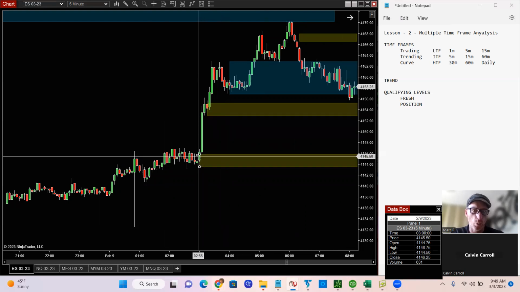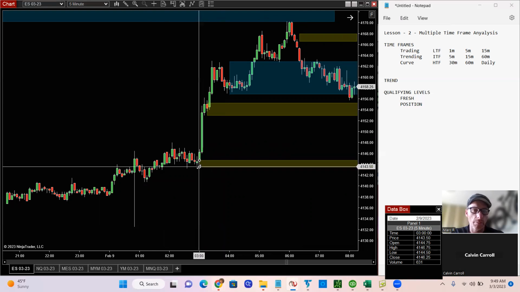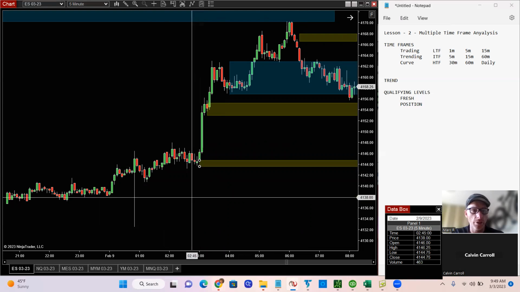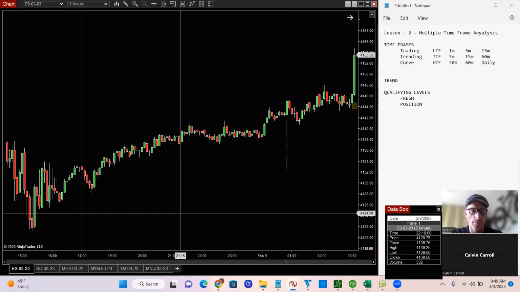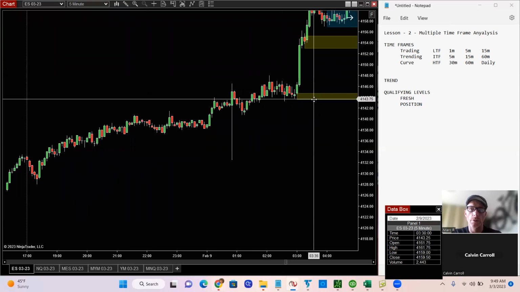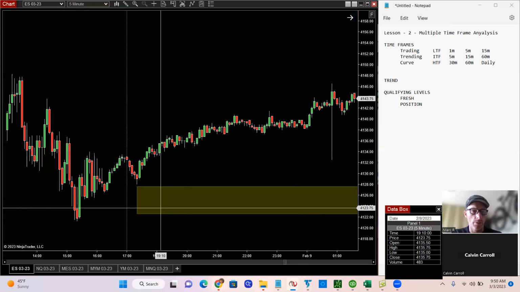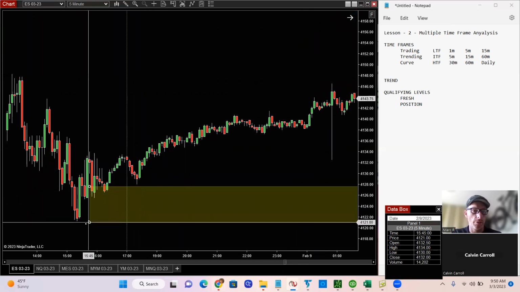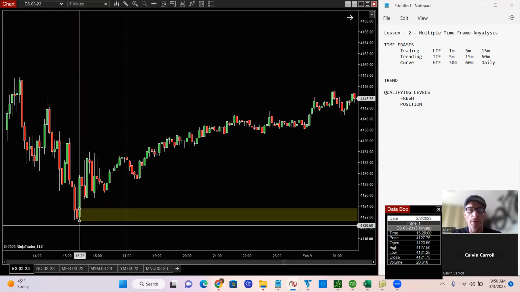With regards to what is the quality of these levels, and are these levels that you actually want to trade at the moment, that's a different discussion. Just want to get used to being able to see these things on a screen. Okay. So drop base rally.